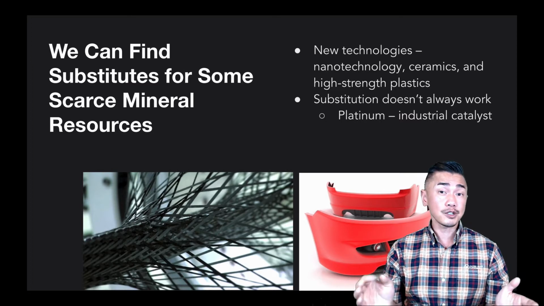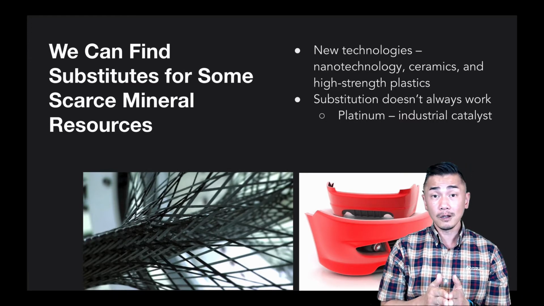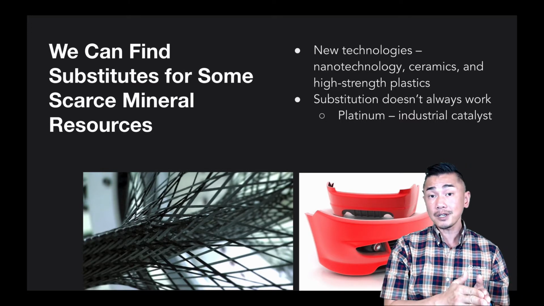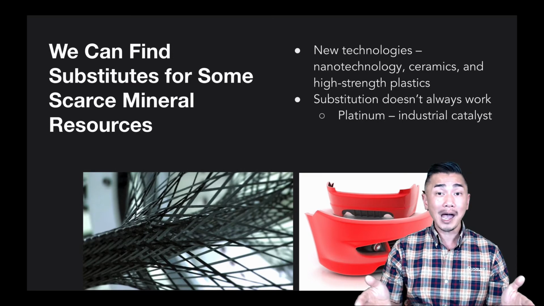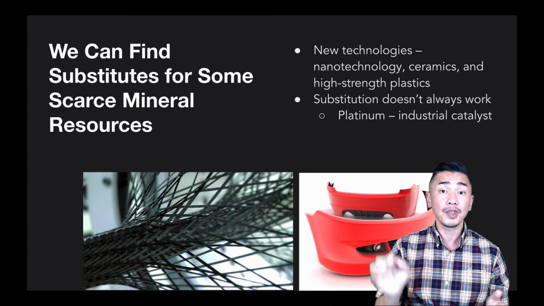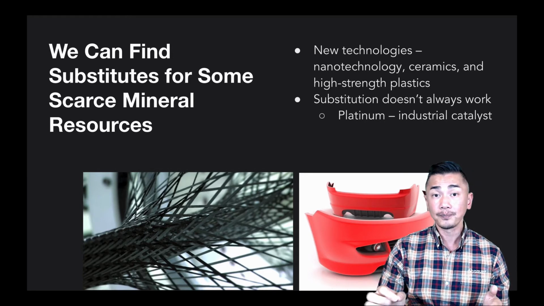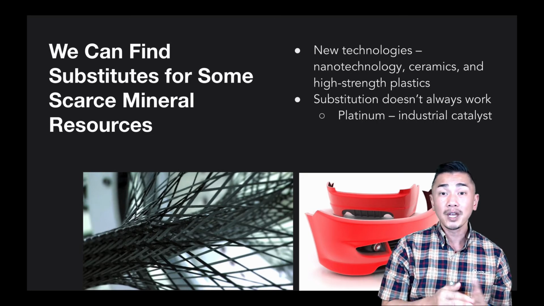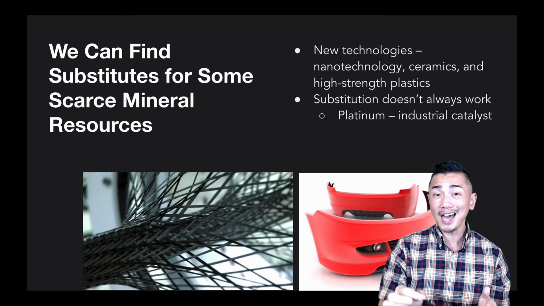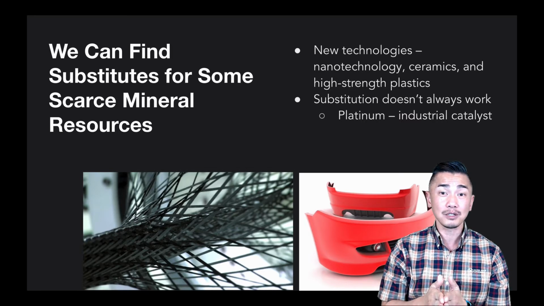We can research and invest in new technologies. Things like nanotechnology, ceramics, and high-strength plastics have the power to replace materials that are limited in availability. Unfortunately, substitution doesn't always work. One example is platinum. Platinum is an industrial catalyst that we do not have a substitute for yet.